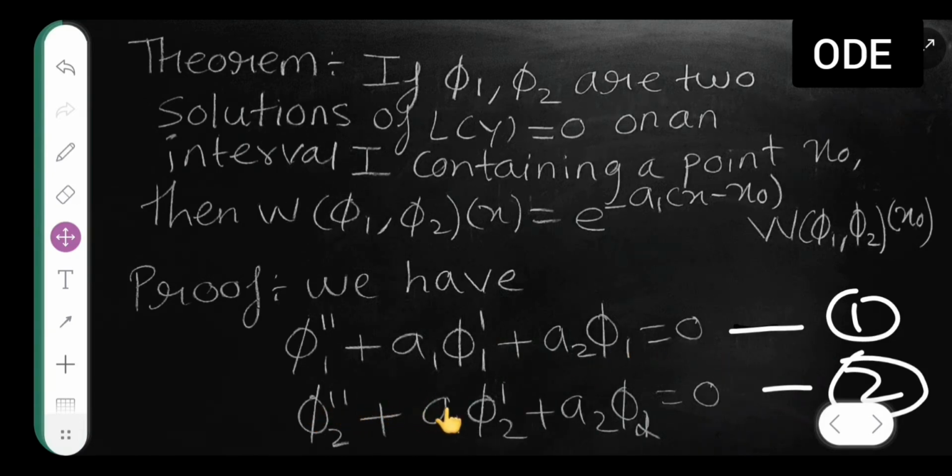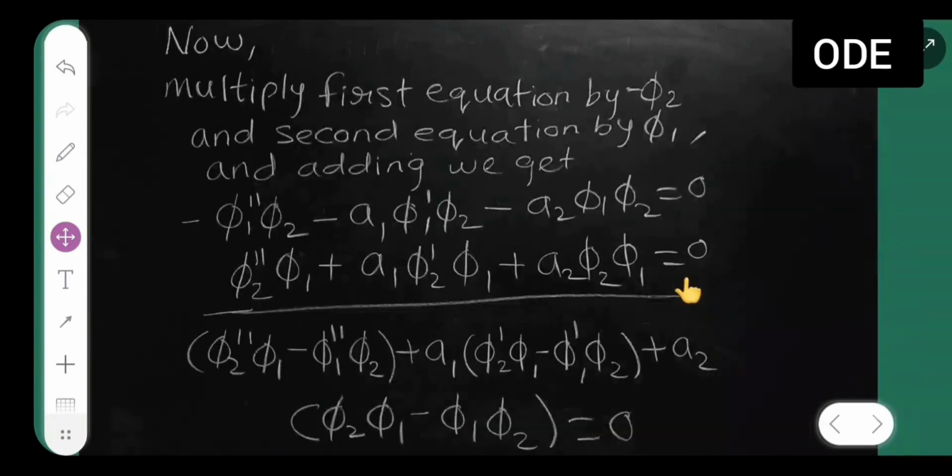Phi2 double dash plus a1 into phi2 dash plus a2 into phi2 is equal to 0. Now you have to multiply this by phi2 dash, and this by minus phi2 dash, and for the other you have to multiply by phi1. Okay, and then you have to add it.